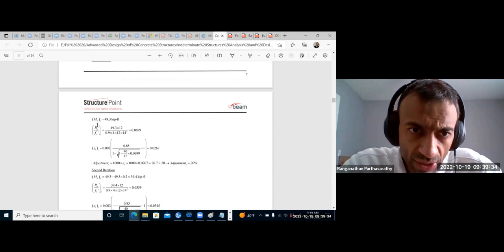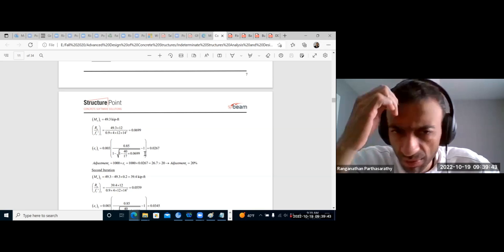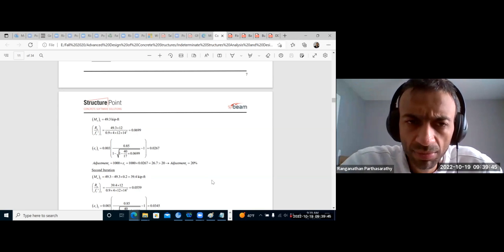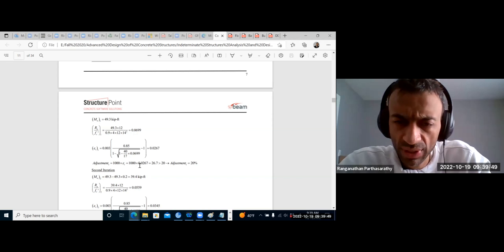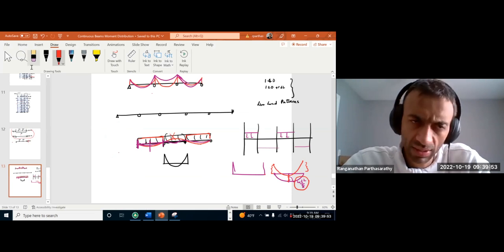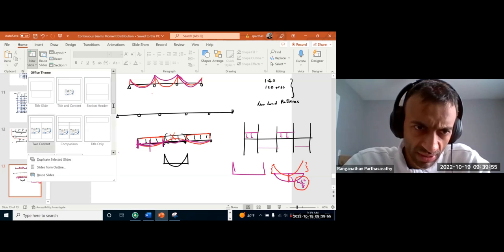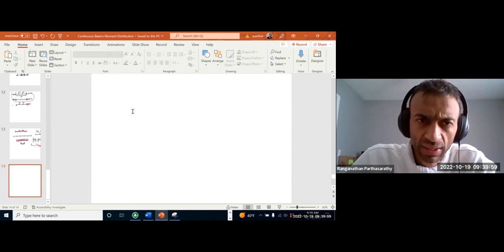So your moment is 49.3, right? For this moment, what is the tensile strain in the bottommost rebar? If you don't want to use this formula, just do it the basic way that we did. It's also the same, there's no difference. We can do it very quickly.